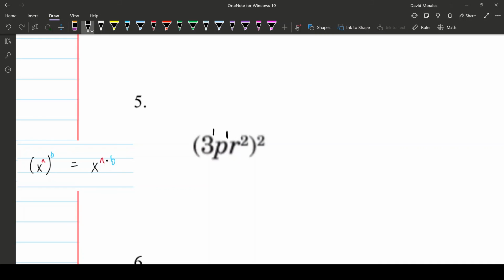So in this case, my first step is to distribute this 2 to the 3. That's going to look like this: 3 to the 1 times 2.